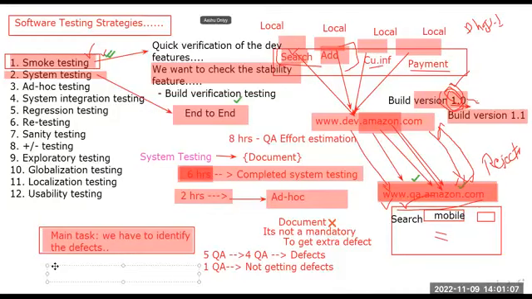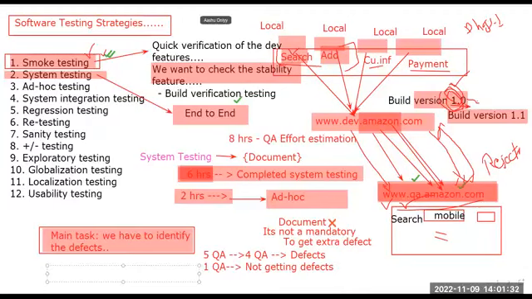At the end of the day, we have to deliver the product to the client. In between, our developers develop the application, and we need to check whether everything is implemented according to the given requirements. Clear, everyone? Yes, sir. That is the main task.